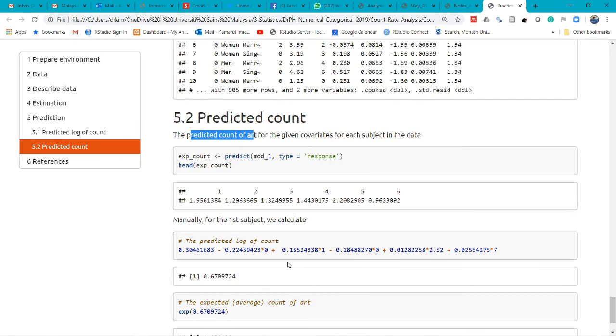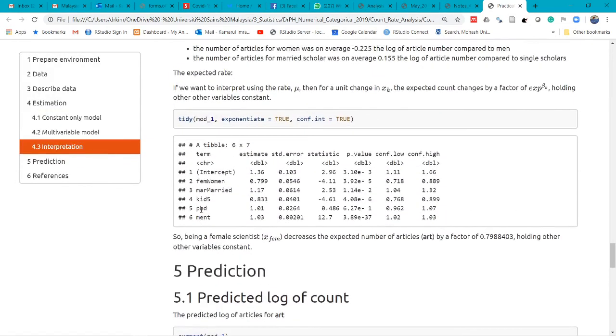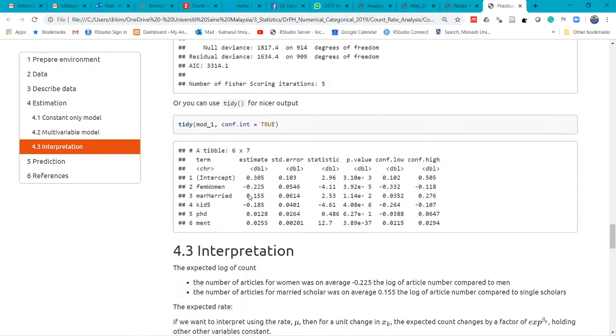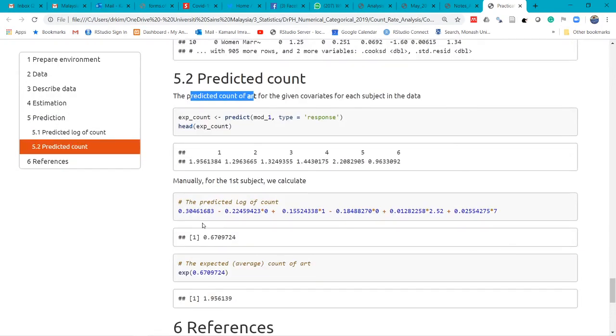So you can do this manually. What we do is write down the intercept, this one, 0.305, minus beta.